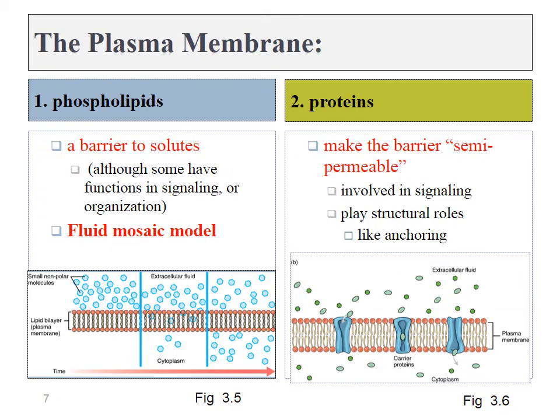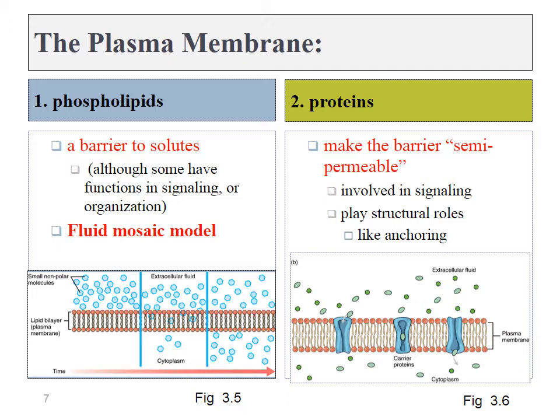The phospholipids form a barrier to water-soluble molecules. They cannot get across the lipid bilayer because water-soluble molecules will not be able to penetrate the hydrophobic core. To get molecules like glucose or ions like sodium into the cell will require transmembrane proteins that can act as transporters.